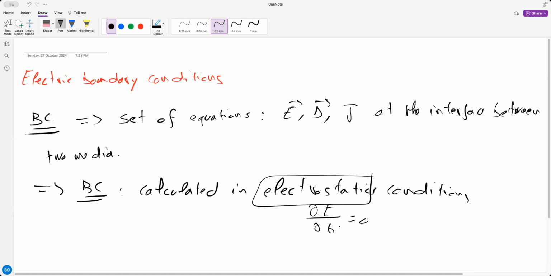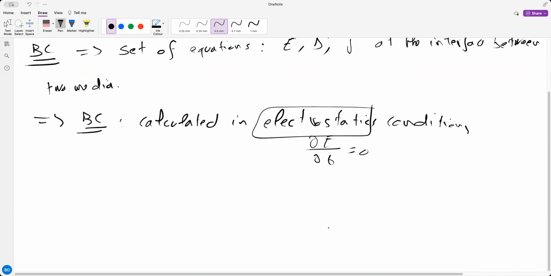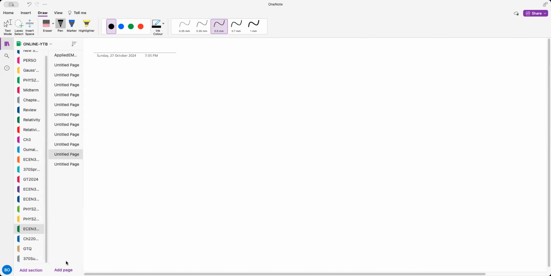Okay, so let's do the first thing. Take any two materials, I need you to follow with me, please, here. Yeah, I will start. So now I'm calculating the boundary conditions. Let's take two materials.